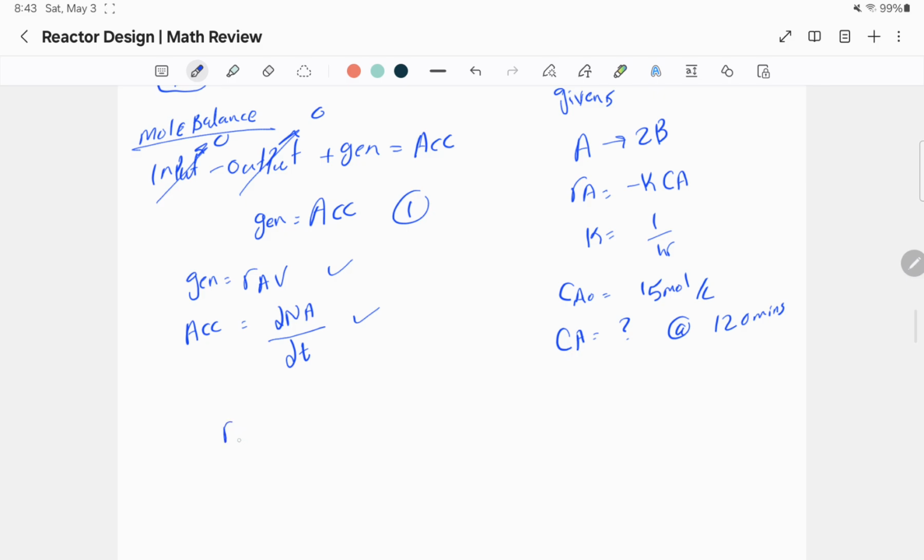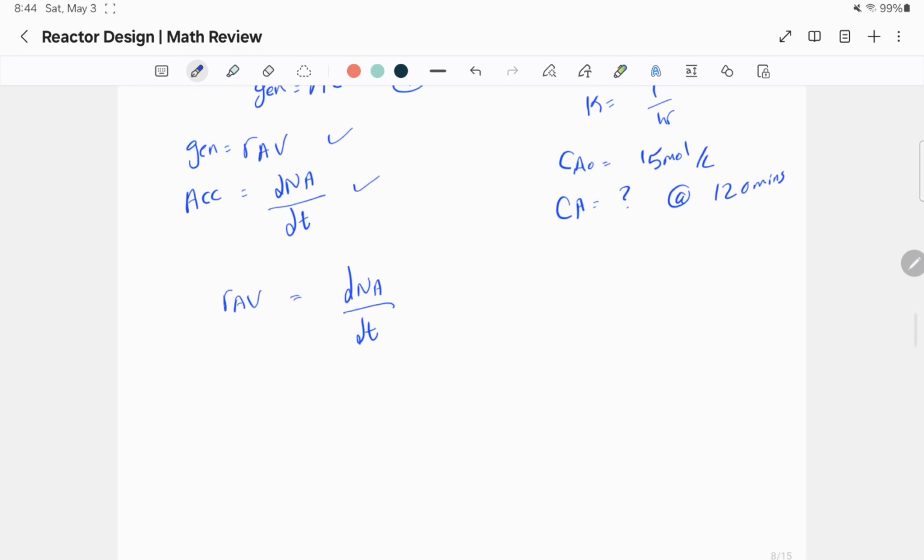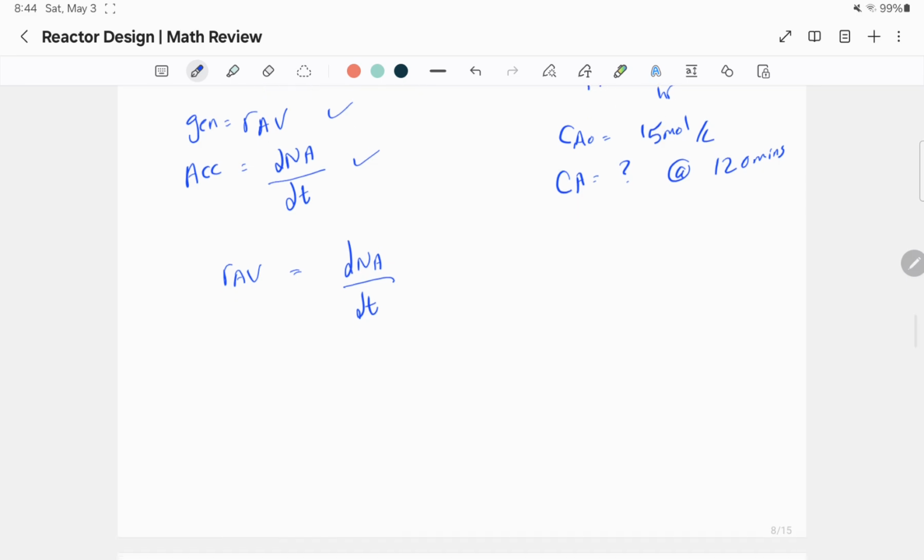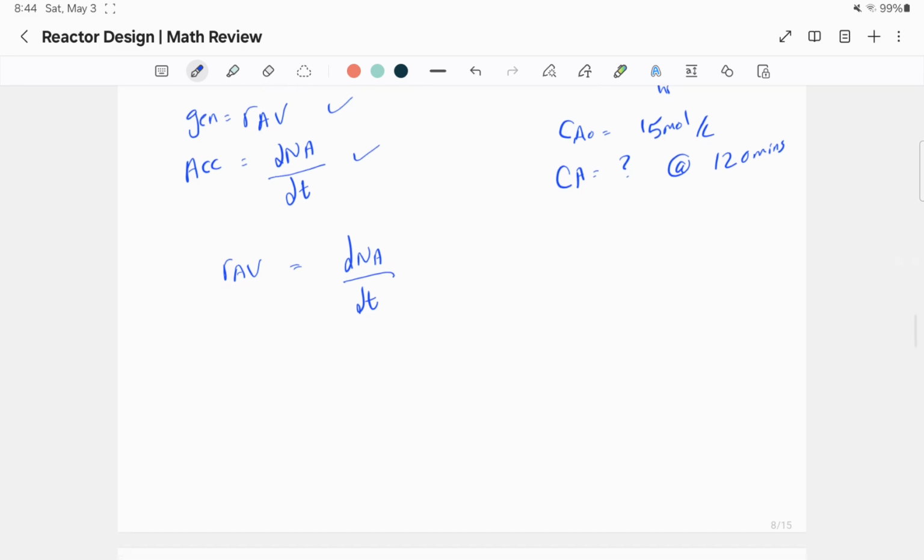which will leave us with RA V equals change in moles over change in time, differential time. We already know that we need to change this in terms of concentration because the rate of reaction is in terms of concentration, and we're looking for the final concentration.